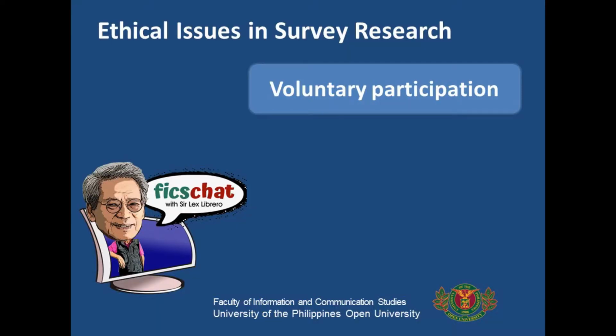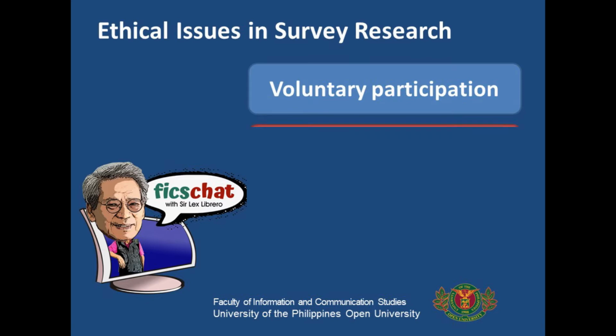First one is the concept of voluntary participation. Each participant in the survey must volunteer to participate. You cannot force an individual to become part of a survey study. That participant has to volunteer. That is the first issue, voluntary participation.